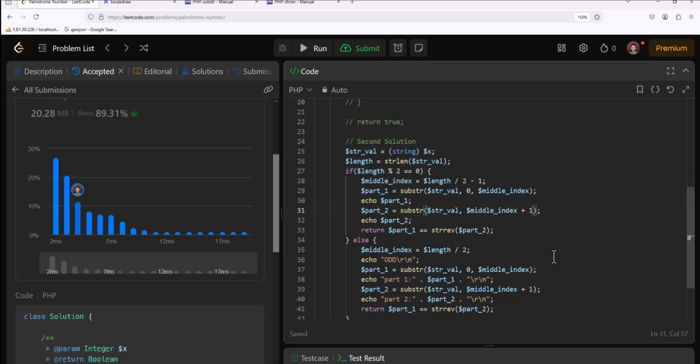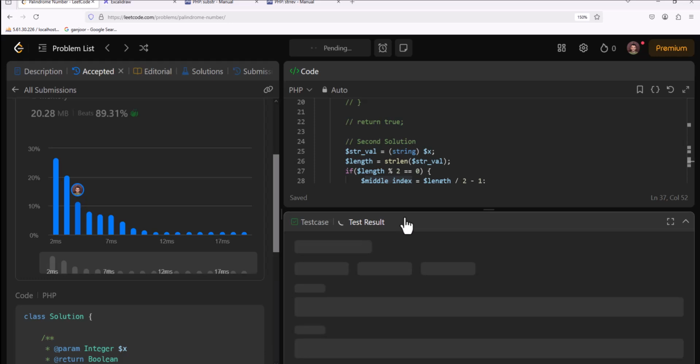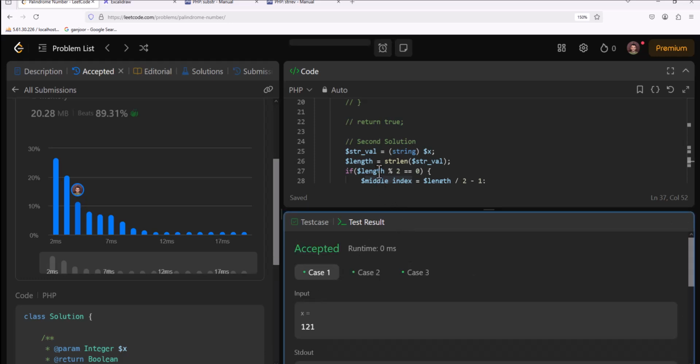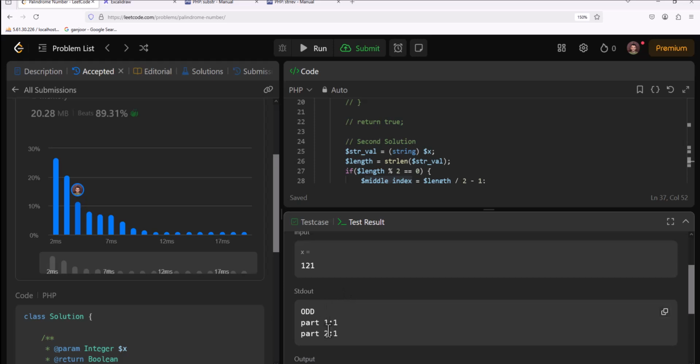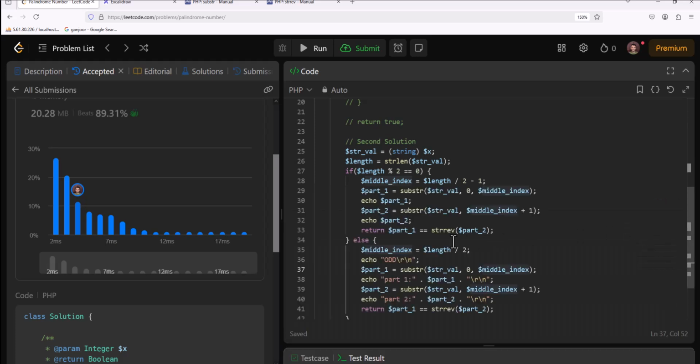Here we have, for example, 5. 5 divided by 2 is 2, and let's check this. It says that it works, but I'm not sure.